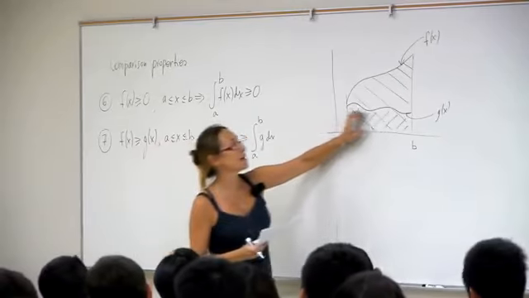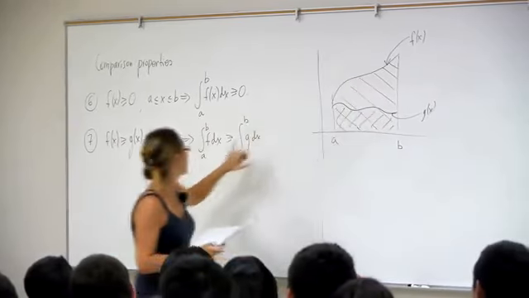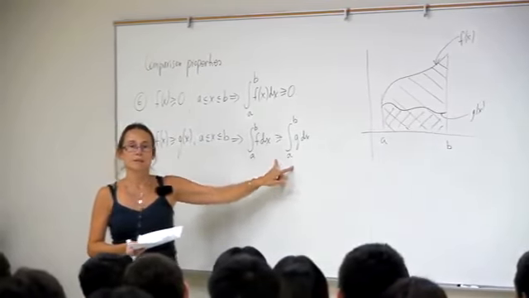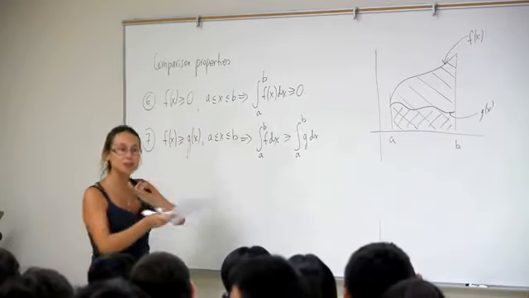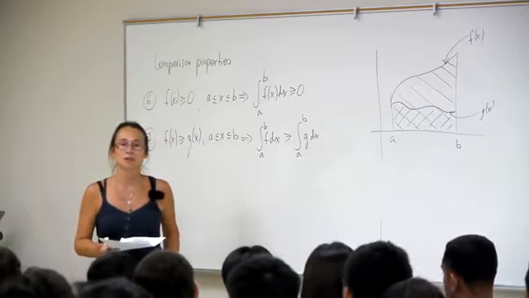So you can see that the area under the function g is smaller than the area under the function f, and that's exactly what this says. Okay, this only works if f is greater than g. If they intersect somewhere, then we cannot make this conclusion.